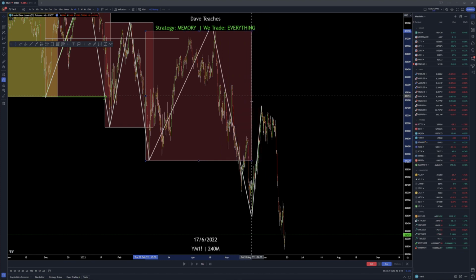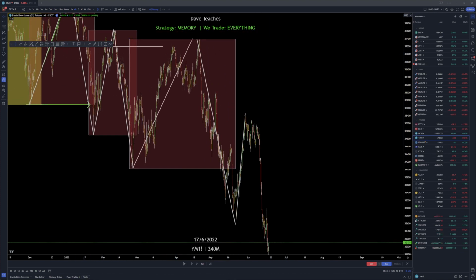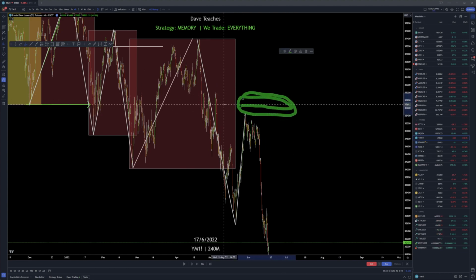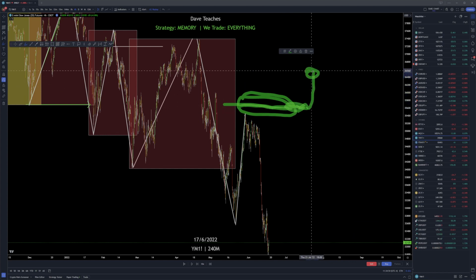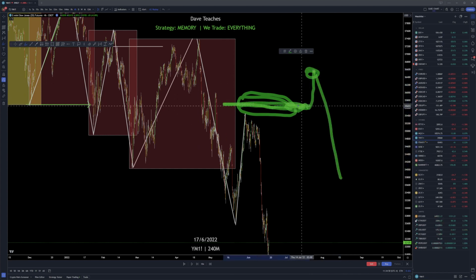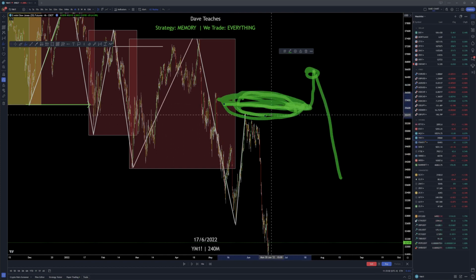But oftentimes what we like is for price to trade into the 50% to understand that the mitigation to it was enough. It mitigated there. Yeah, it could trade up and mitigate further and then trade down. But we want to know that it came to tap into the 50% at least.